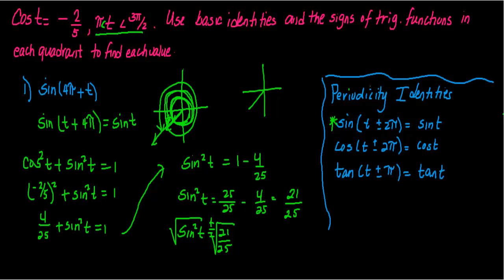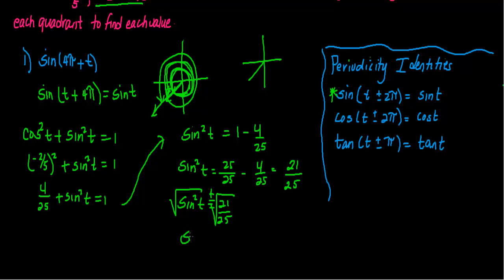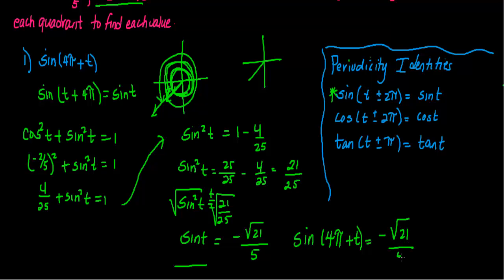So I have to choose my sine of t as negative square root of 21 over 5. And this 5 comes from the square root of 25. And there you have it. Sine of 4 pi plus t is equal to negative square root of 21 over 5. And there's your final answer.